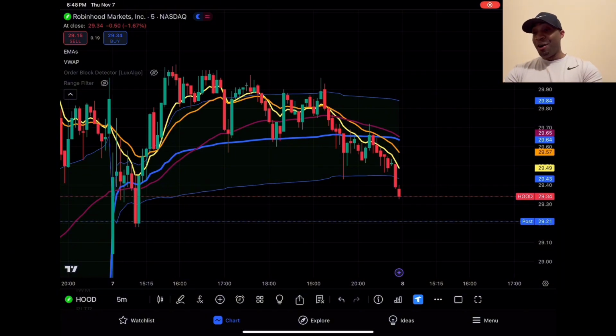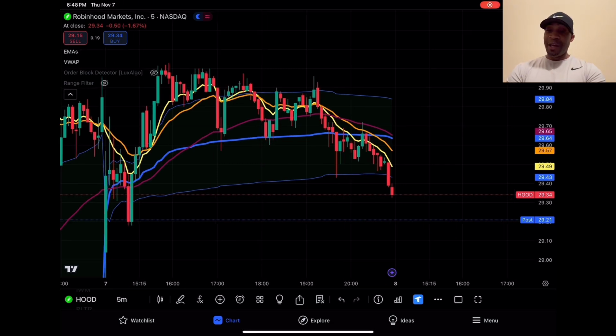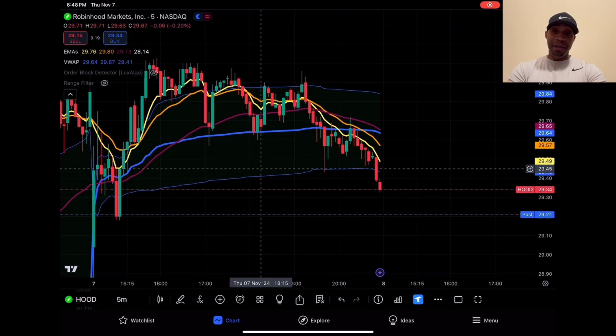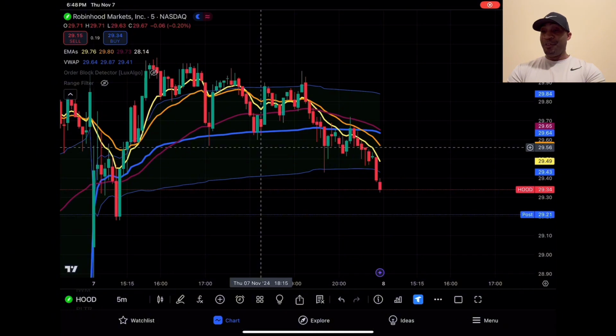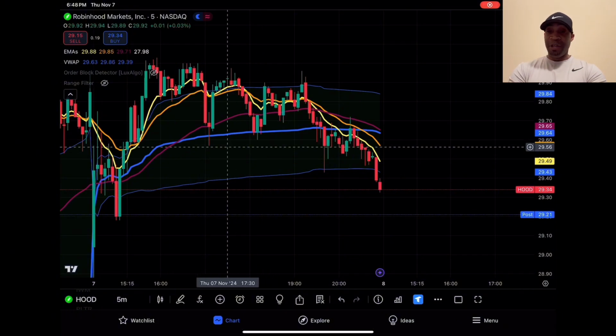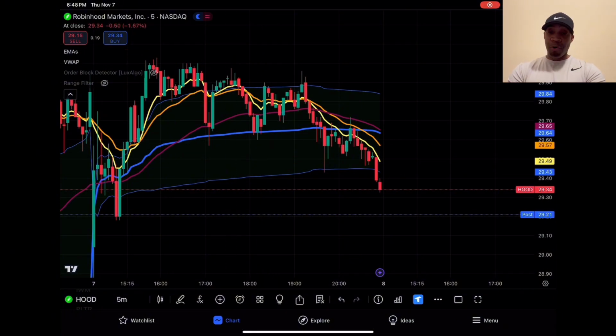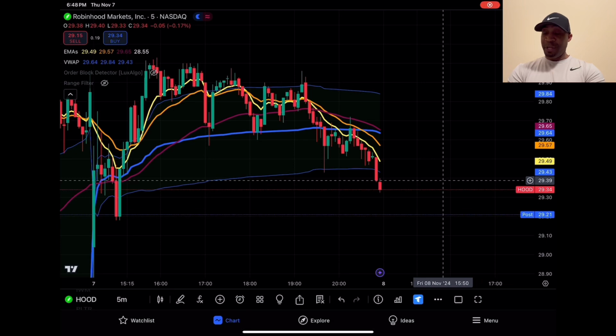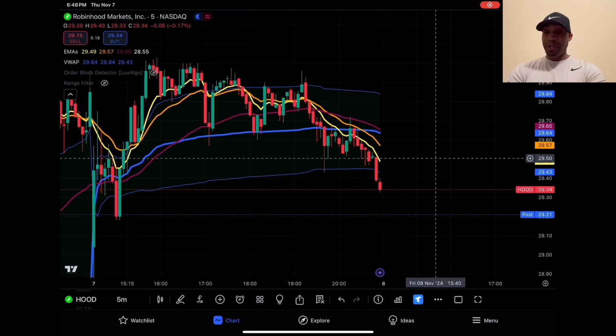I wish I would have held mine. They're sitting at 29.21. I sold mine, I think it was 29.50, 29.55. I sold mine right around here. If you are a bull, you want to see them get back to 29.40. If they get to 29.40, boom, you got 29.50.